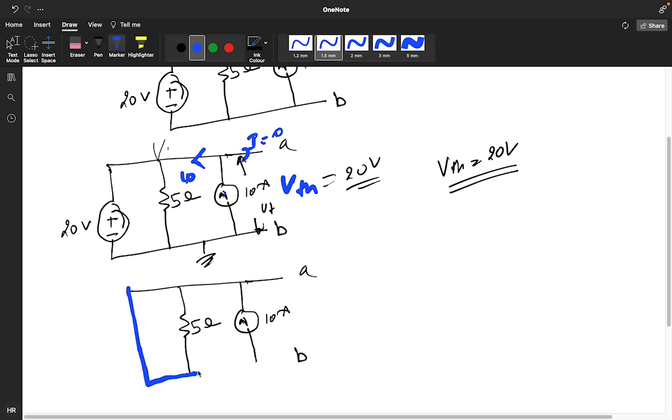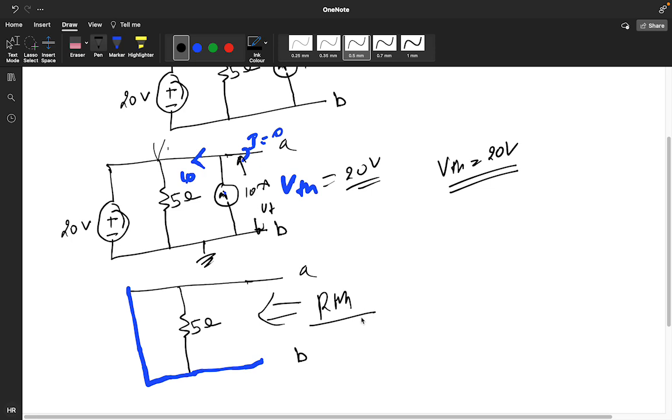These things will be shorted and this current source will get open. So you are getting this as your RTH. Shorted means this R value is 0. So what is the value of RTH in this particular diagram? It will be 0, because if you apply the voltage here, the current will directly jump from this side. It will not come in this 5 ohm.